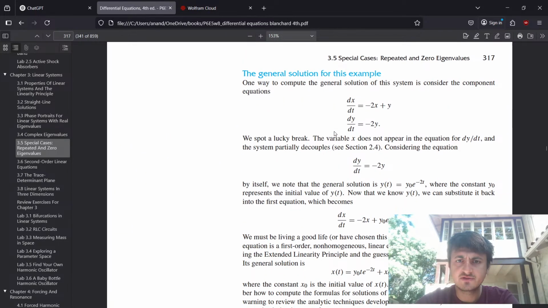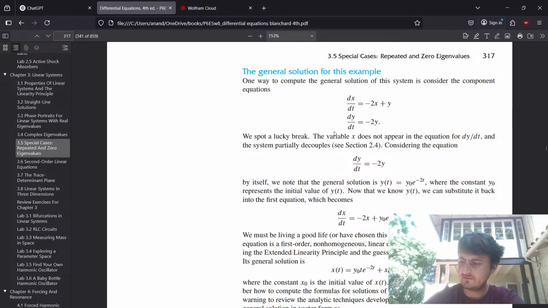All right, the general solution for this example. We have x prime equals minus 2x plus y, y prime equals minus 2y. So dy dt is equal to minus 2y, dy over y is equal to minus 2 dt. We integrate and we get ln y is equal to minus 2t.